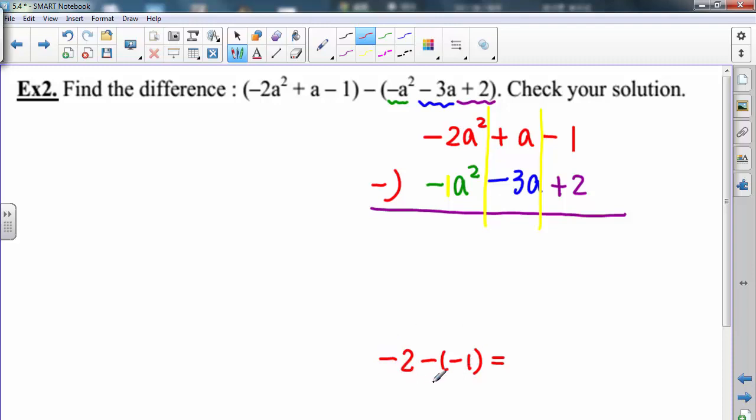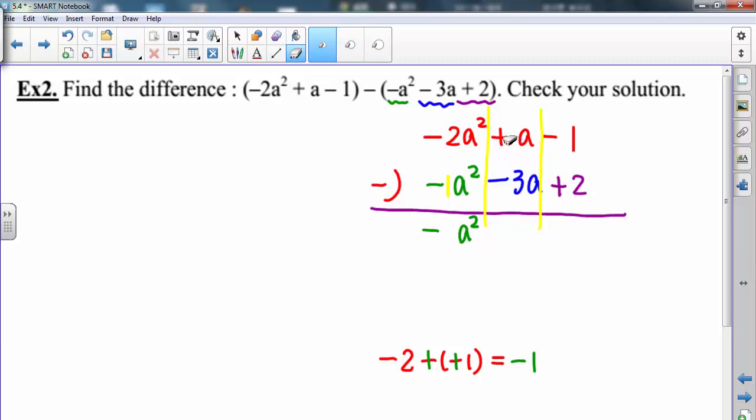When you subtract two integers, you change the minus to adding and the opposite of the second number. So -2 plus +1 is -1. So I have -1a squared for the first column, which is the same as -a squared.